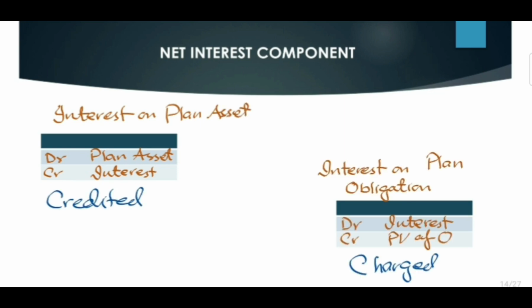And in case of interest on plan obligation, the entry would be debit interest and credit present value of defined obligation, and it will be charged to profit and loss account.